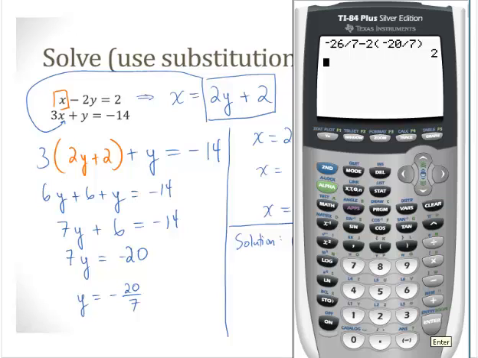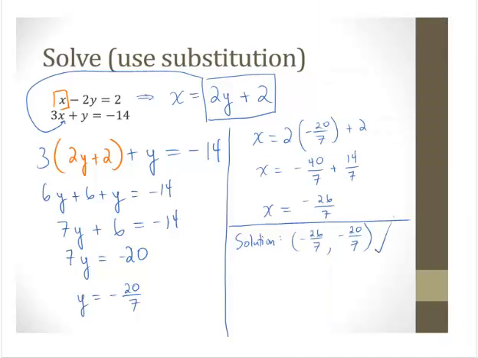That's good. Now let's check the 3x plus y. 3 times negative 26 sevenths plus negative 20 sevenths. This had better give me negative 14, and it does. So that checks out, and I'm comfortable with my solution.